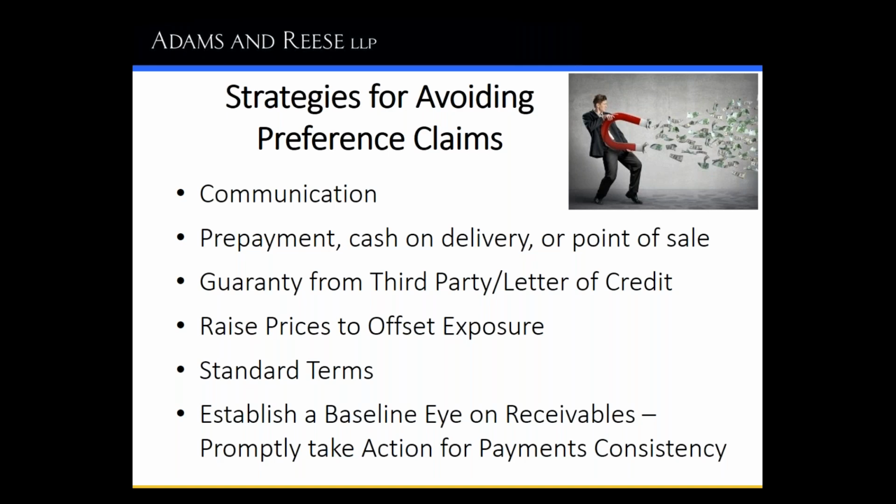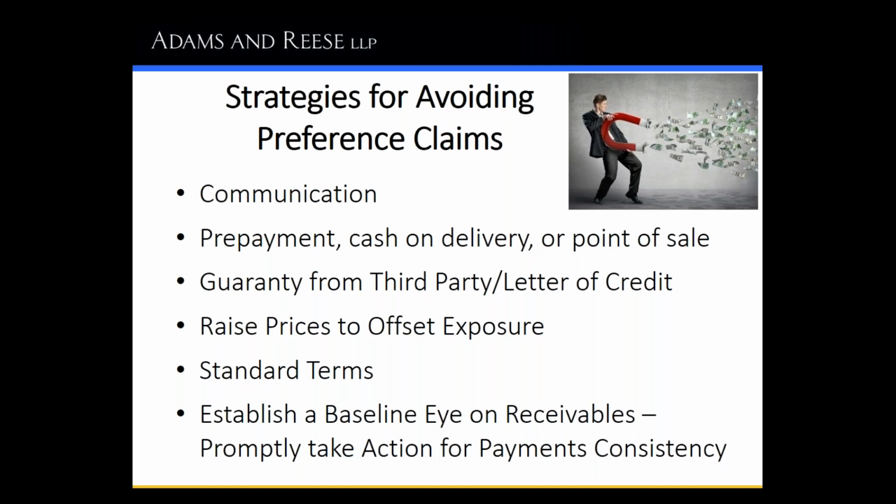In some other cases, I get consulted when a client has already been sued and is outraged at the fact that they're owed a considerable amount of money and now they're getting sued to give money back. And the question is often, well, how can I prevent this from happening in the future? There are some primary things to keep in mind here.